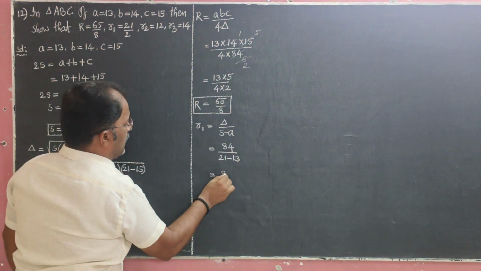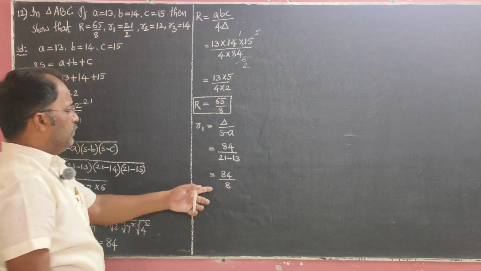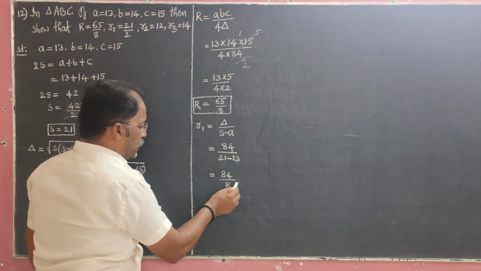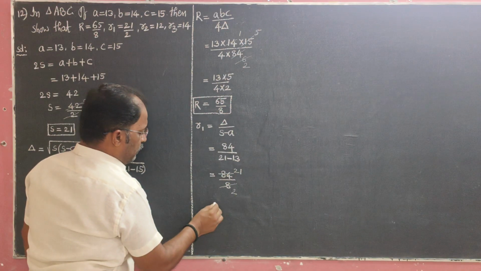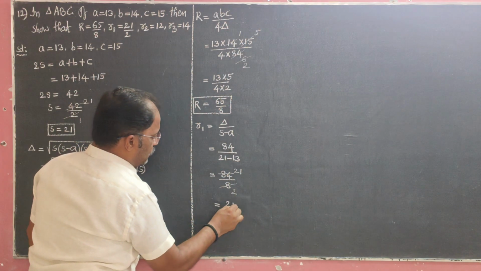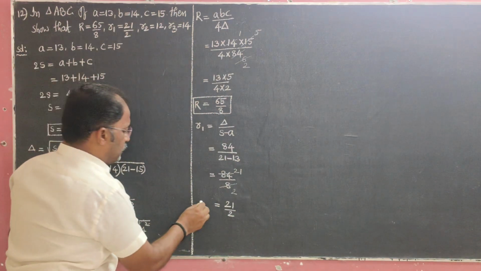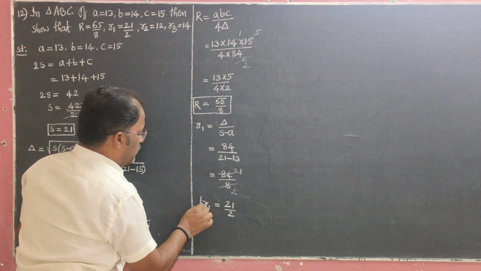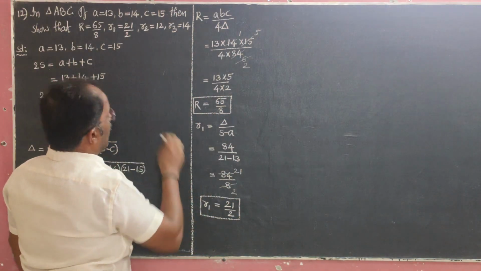So 84 as it is, 21 minus 13 is 8. Okay, with 8 not cancel, means with 4 table, 4 into 2, 4 into 2, 4 into 1, means the answer is 21 by 2. This is the value of small r1. So r1 value is how much the value? 21 by 2. Clear?